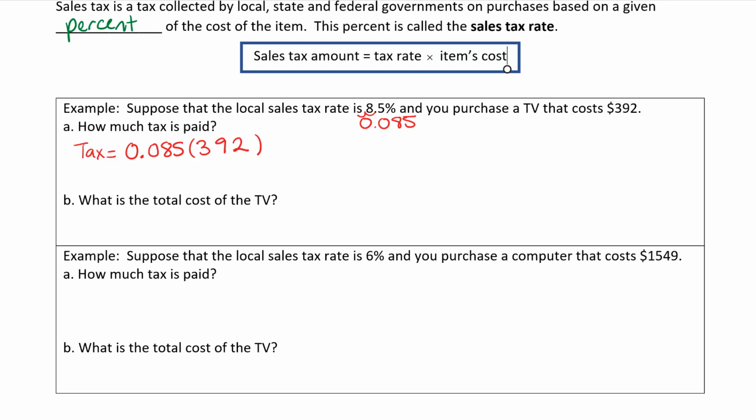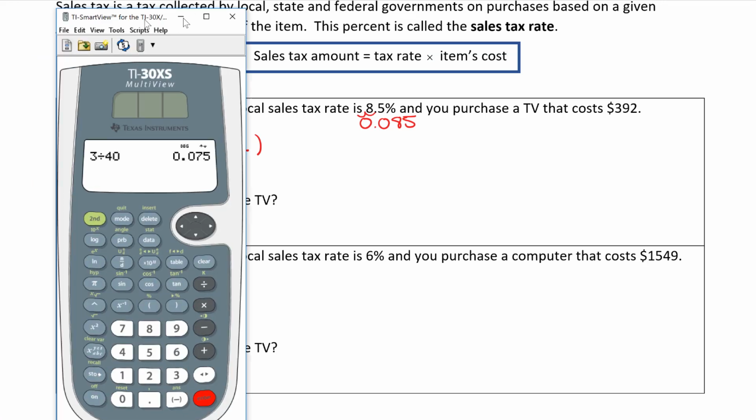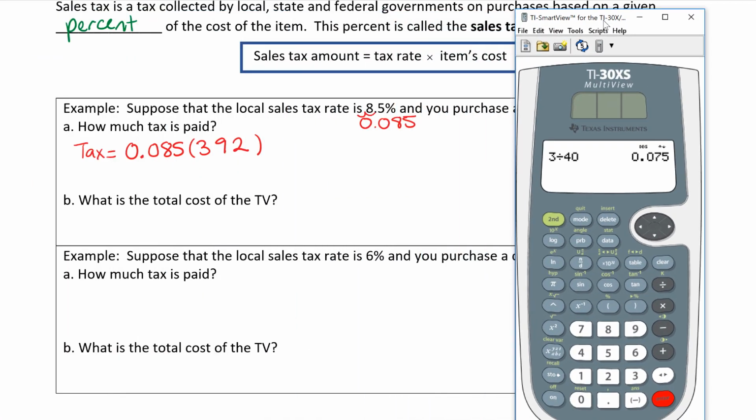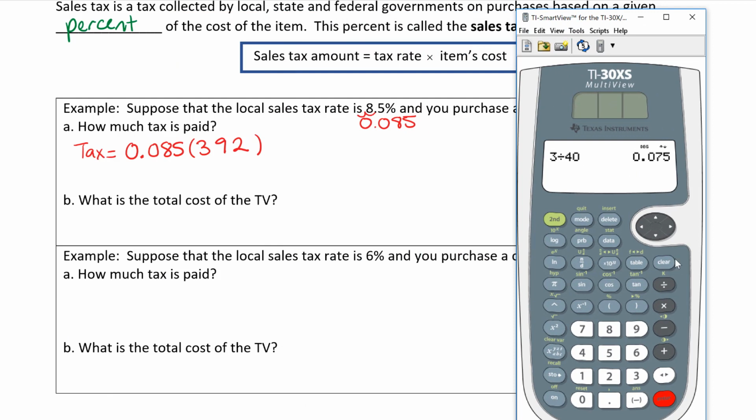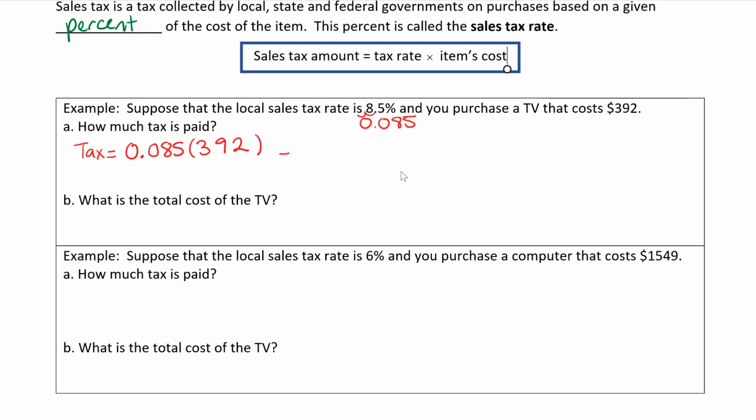I'm going to take my calculator out again and calculate what the value is here. So I have 0.085 times 392, and then I'm going to hit enter, and that's $33.32. So $33.32.